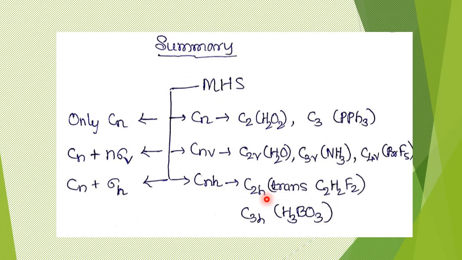Two examples we have seen: for C2h, trans-difluoroethene, trans C2H2F2, and for C3h, H3BO3. You should take different examples and convince yourself that only these many operations are possible in this case, and therefore the molecules belong to these groups.